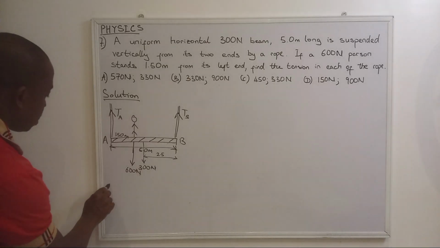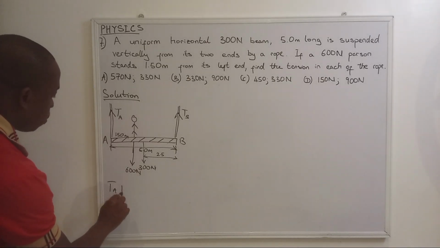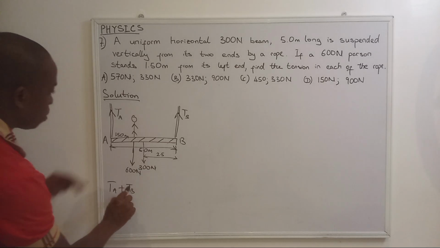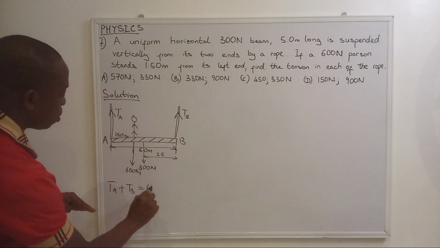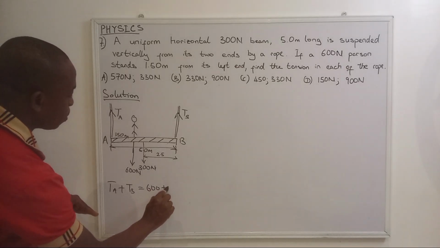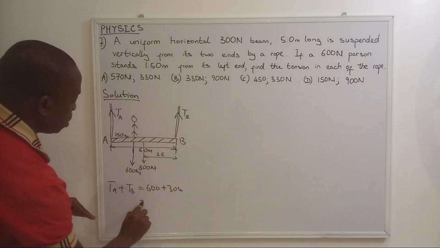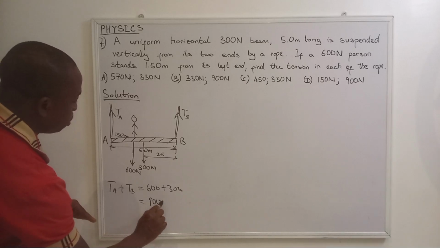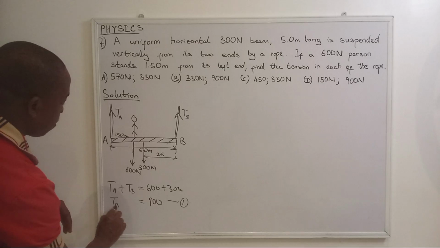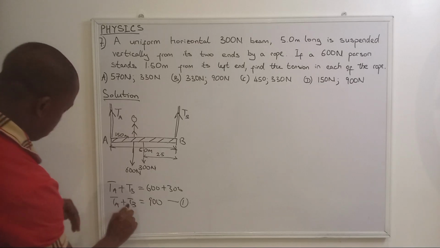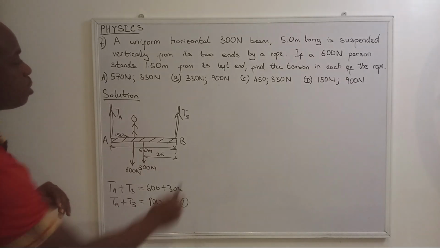So TA plus TB is equal to 600 plus 300, which is 900 Newtons. Let's call this equation 1.